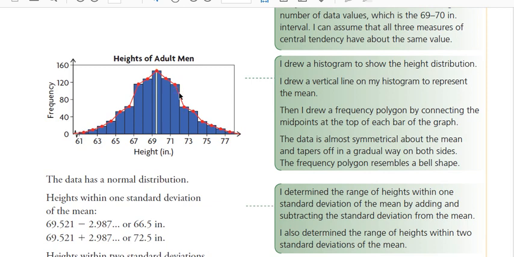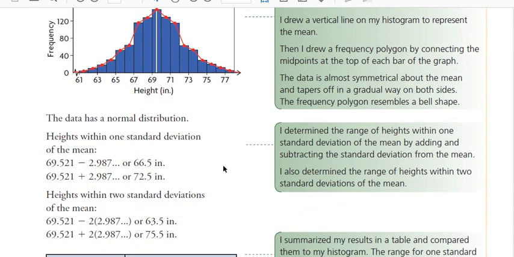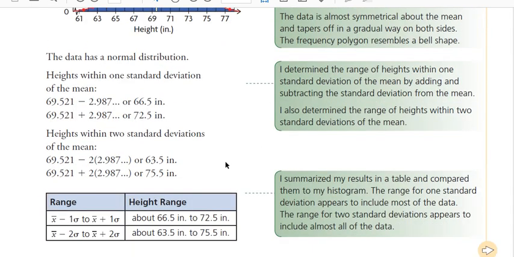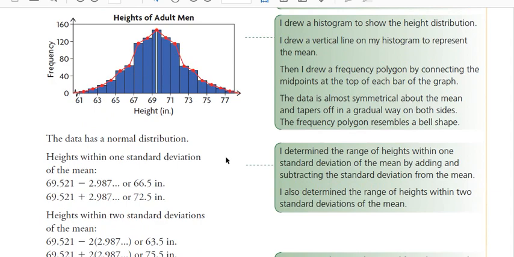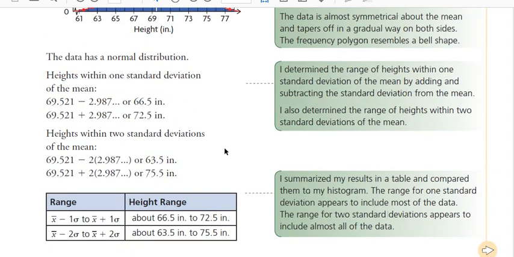And there would be some that would be taller, but very few that would be quite a ways from the mean in this direction as well. So that's not a perfect bell curve, right? But it's generally fairly normally distributed. Okay, we good so far?